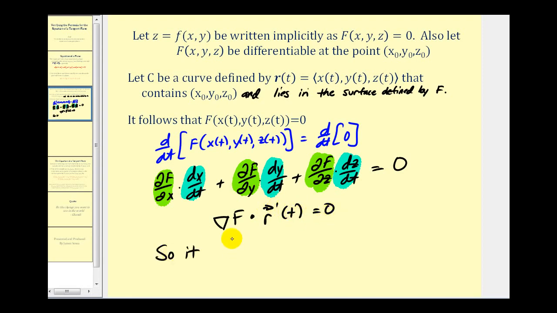So it follows that the gradient and the tangent vector at our point x sub 0, y sub 0, z sub 0 are orthogonal to one another.